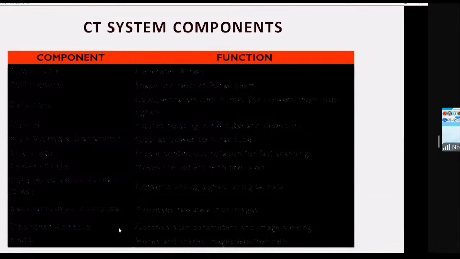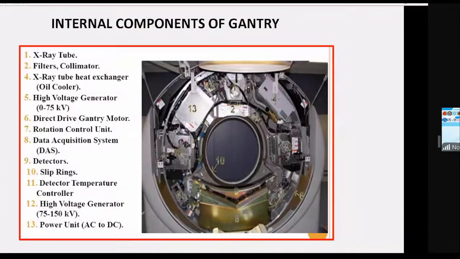And of course, we need the operator console as a control panel before and after processing, where we can adjust the CT parameters and also view the images. Then the CT components are also linked with the PACS, the picture archiving and communication system, to store and share images electronically.